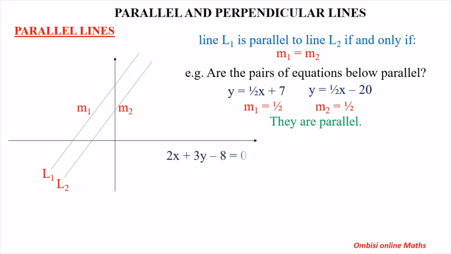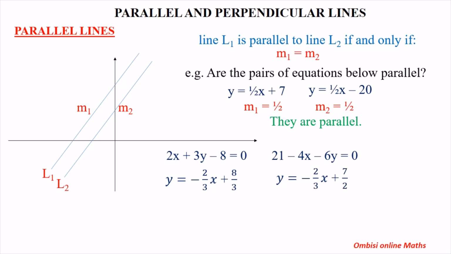Another example: we have the equation 2x plus 3y minus 8 equals 0, and another equation, 21 minus 4x minus 6y equals 0. Rearranging these equations to conform to y equals mx plus c, the first becomes y equals negative 2 over 3 x plus 8 over 3.